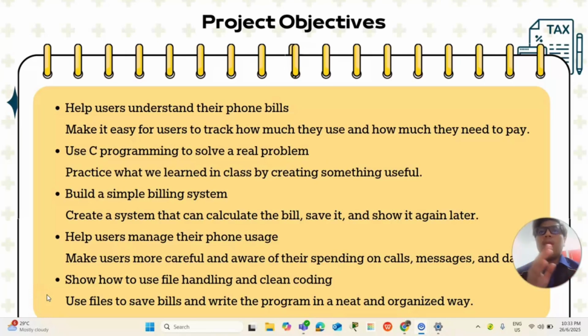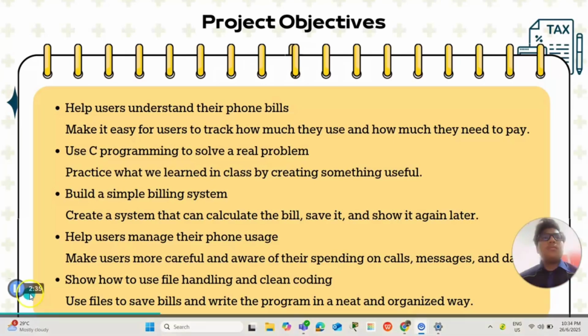So we get the total bill, save it and show it again later, meaning after the user makes a payment online, the system can keep the receipt and the user can see it every time and can see the history of receipts.